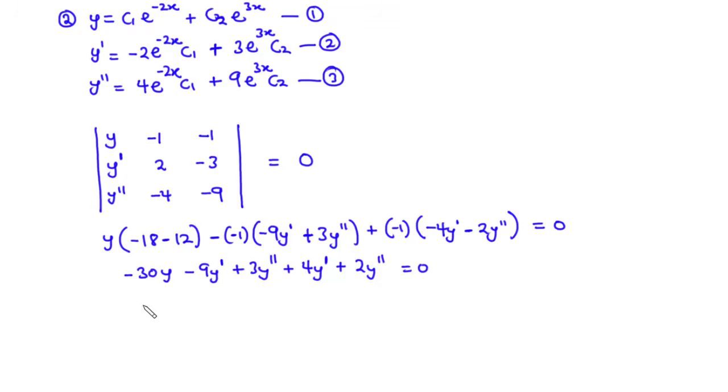Let's simplify further. We are going to have negative 30y. Here we have y prime: negative 9 plus 4 is negative 5y'. 3 plus 2 is 5y'' equals 0. Now we can divide through by 5.